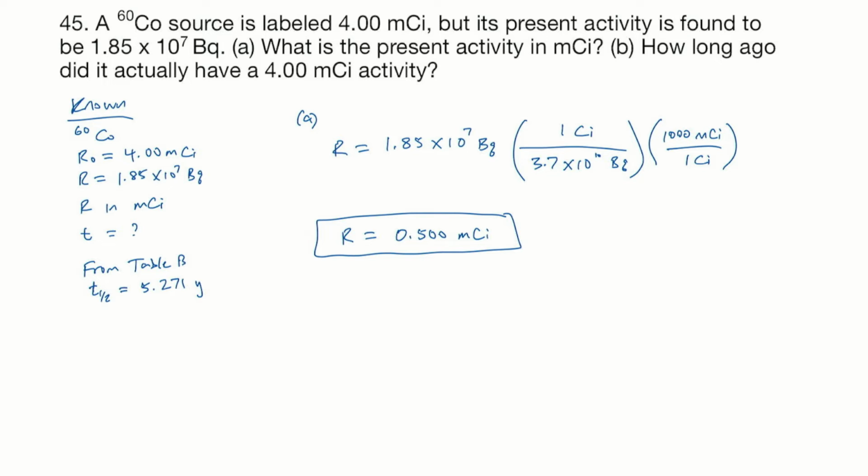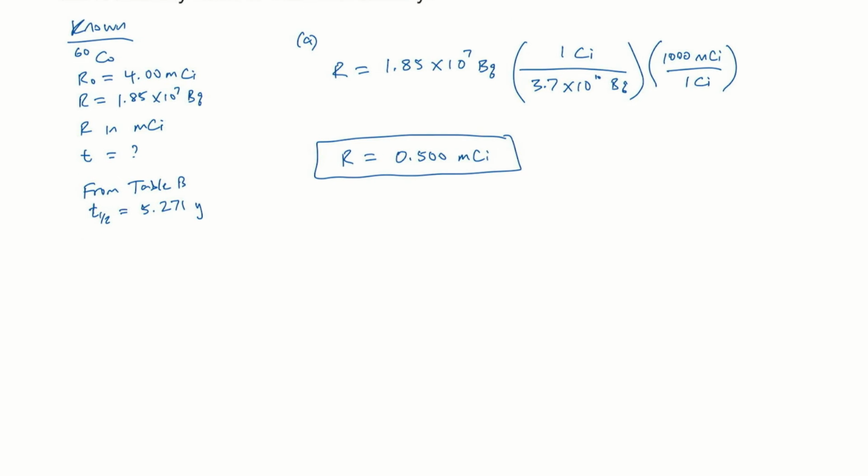Okay, and so now to find the time, we're going to use the equation R is R naught times e to the minus lambda t. And lambda, this isn't wavelength lambda. Lambda is the ln of 2 divided by the half-life t1/2.